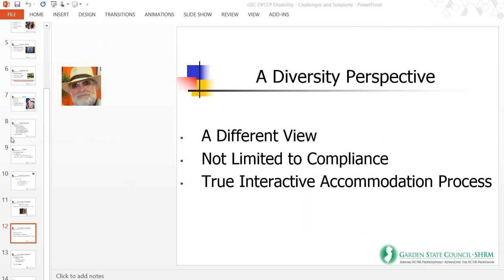So it gives me the luxury of thinking about this in a way that is not limited only to the way that we have to comply with regulations, but actually keep more focused on the true diversity aspects of this issue, i.e. the intent of the regulations, which are around the issue of how do we secure and include and capitalize on the best talent for our organizations, even if that talent happens to be differently abled.